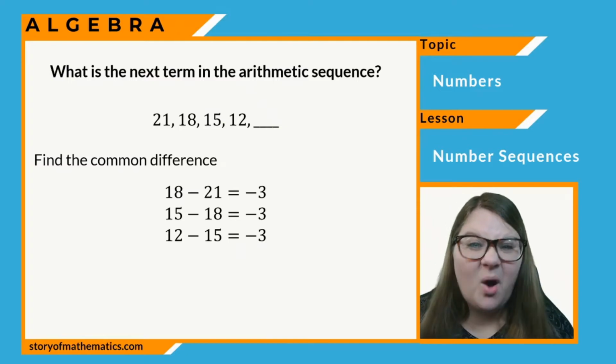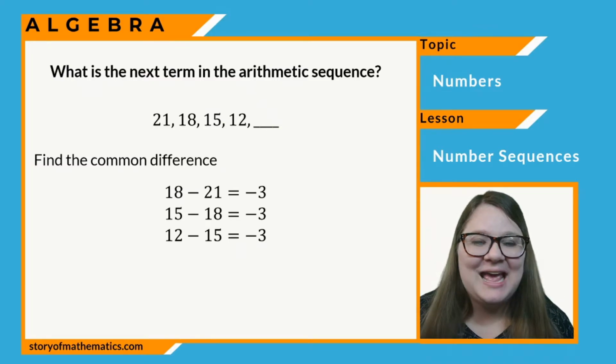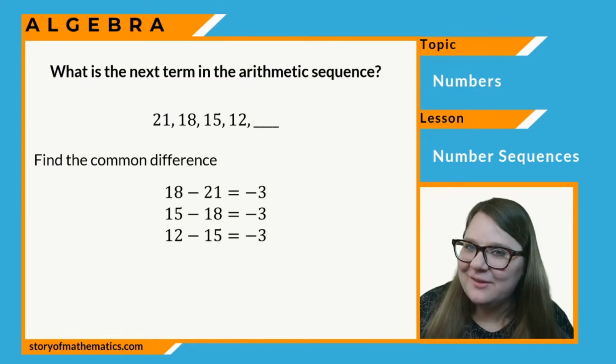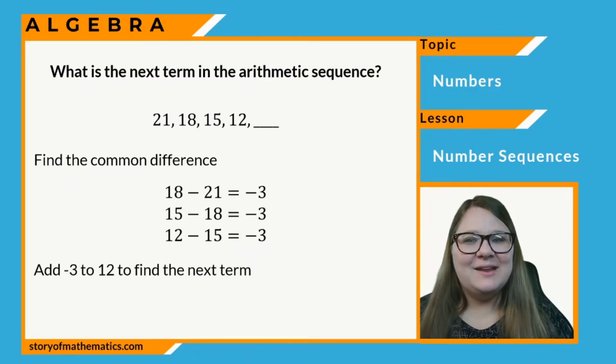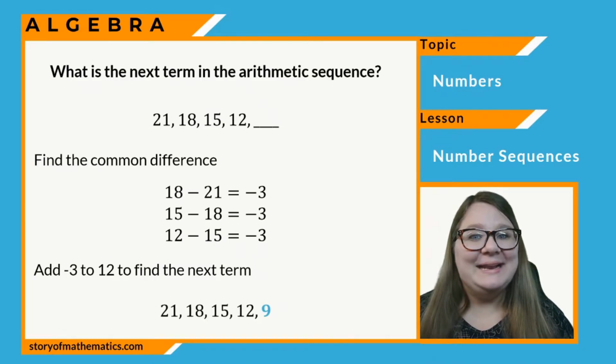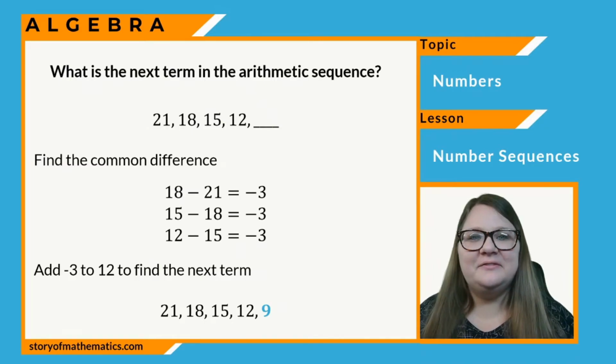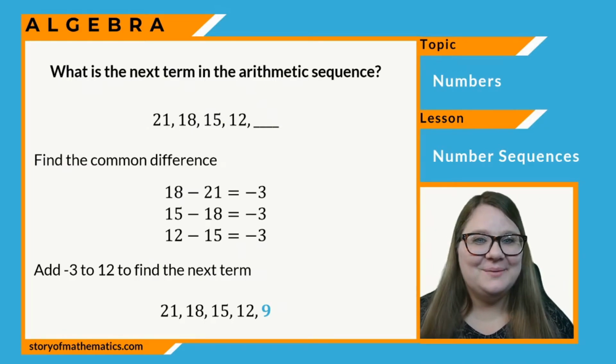So this is the same all the way down. I can confirm this is an arithmetic sequence, and my common difference is negative 3. So I'm going to add negative 3 to my last number, 12. Negative 3 plus 12 is 9. So now my arithmetic sequence is 21, 18, 15, 12, 9.